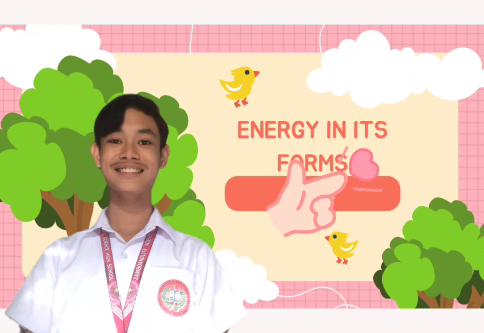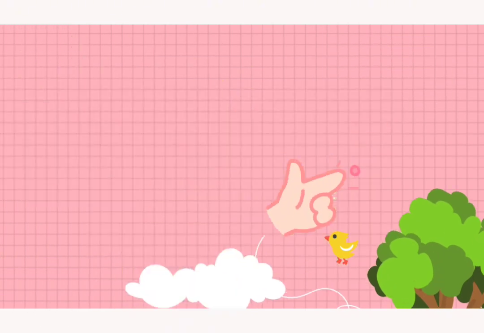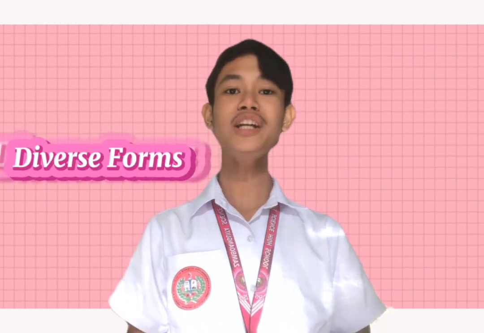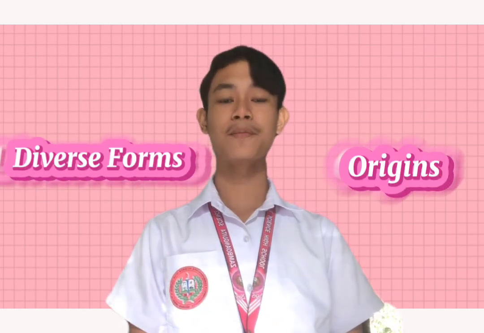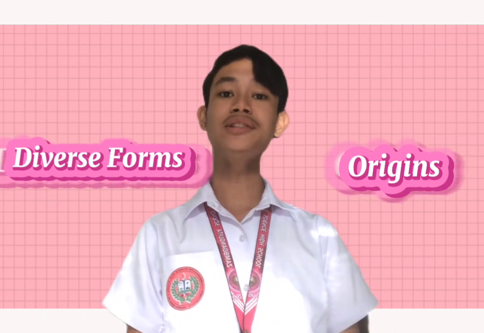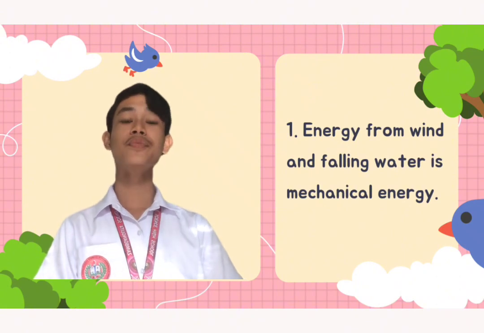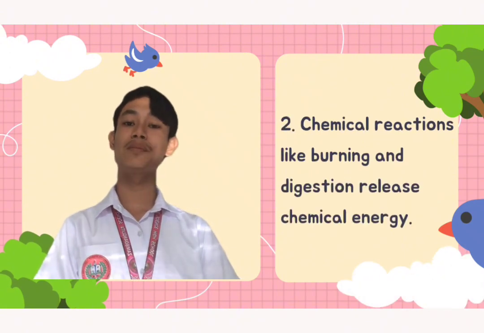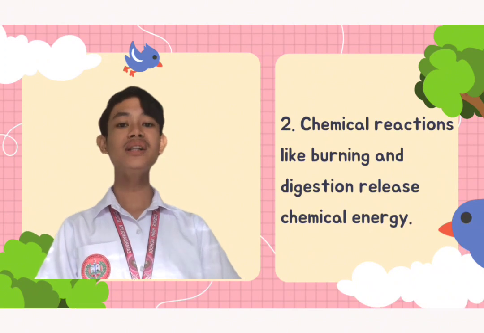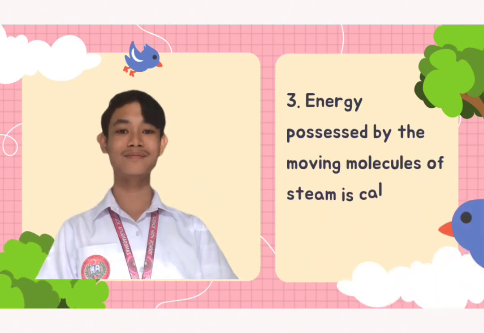Energy and its forms. This discussion explores the diverse forms of energy and their origins, all ultimately linked to solar energy. Mechanical energy is harnessed from wind and falling water, while chemical reactions like burning and digestion release chemical energy.